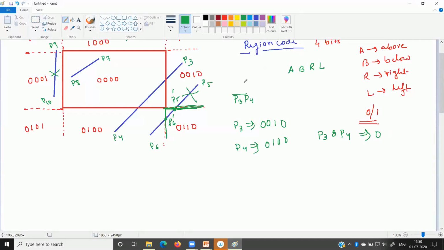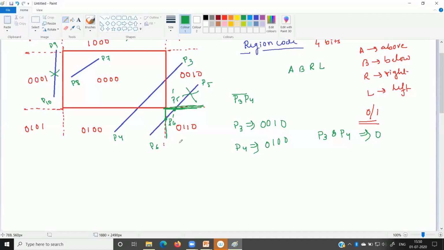For P3 the region code is not 0000, so P3 is outside of the clip window, and the region code for P4 is also not 0000, so P4 is also outside. If both points of a line segment are outside of the clip window, there may be some intersection, so we have to find out the intersection.